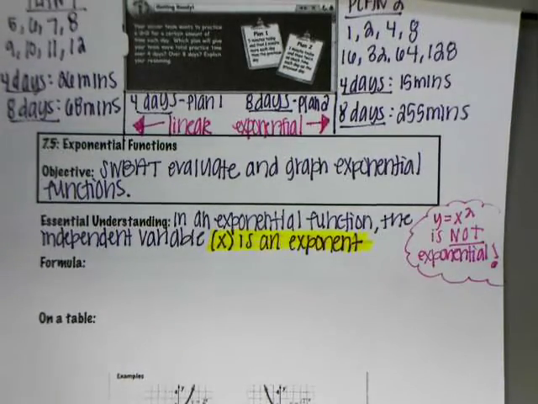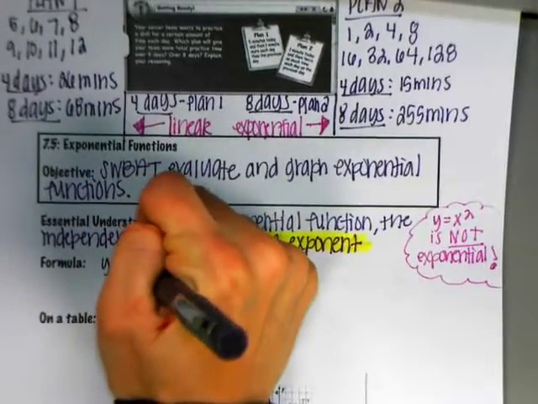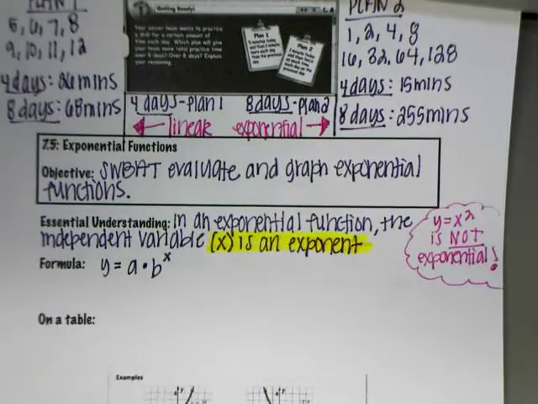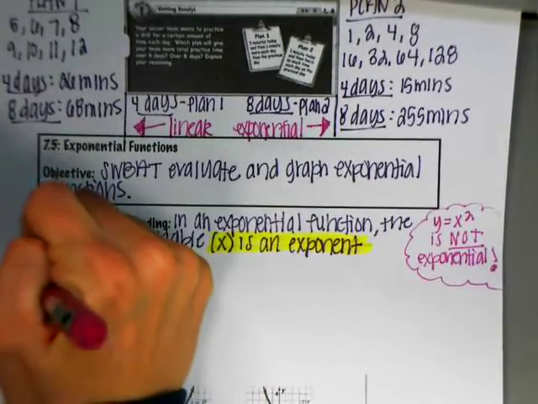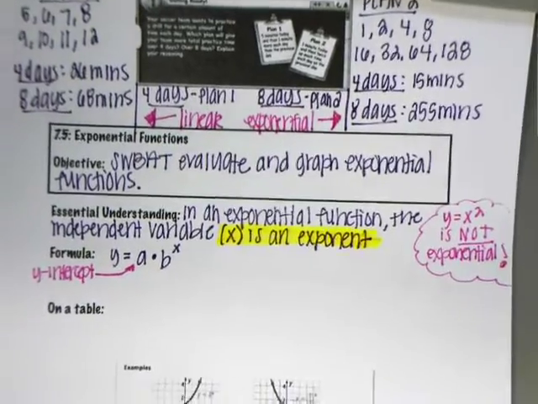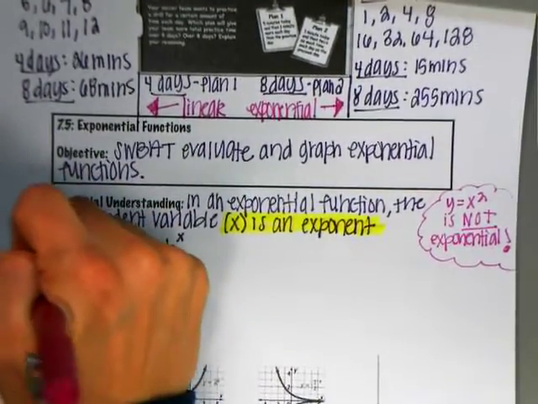Okay, and then the basic formula for an exponential function is y equals a times b to the power of x. A is going to be your y-intercept, which is also your starting value.